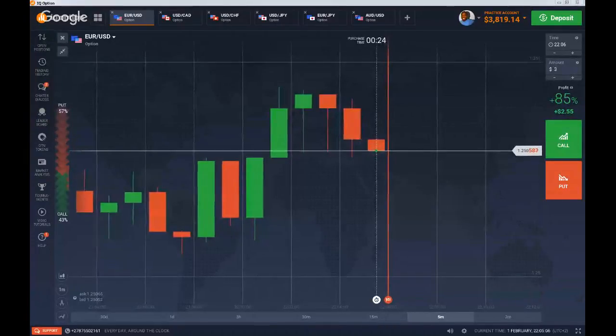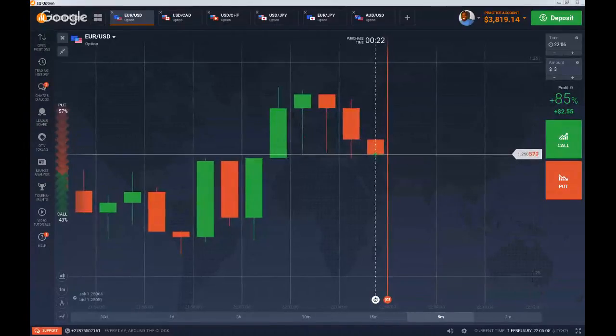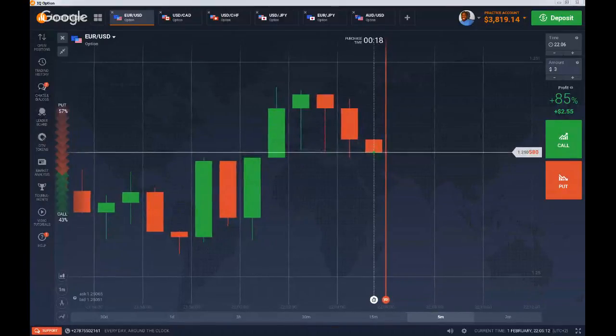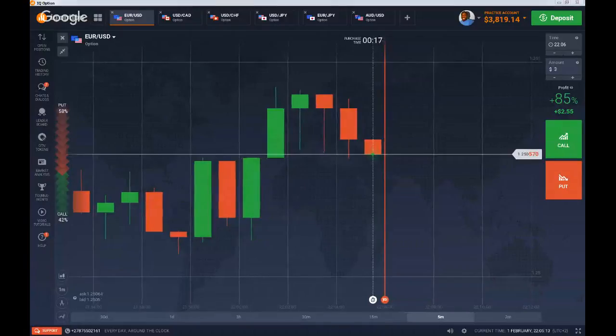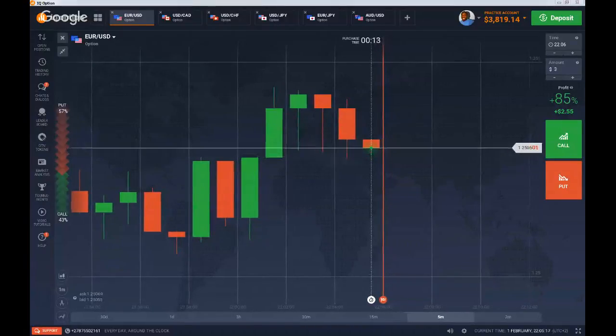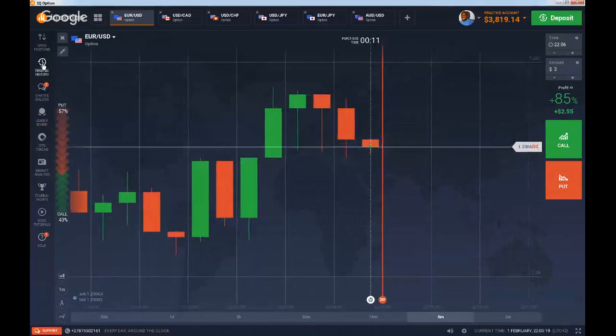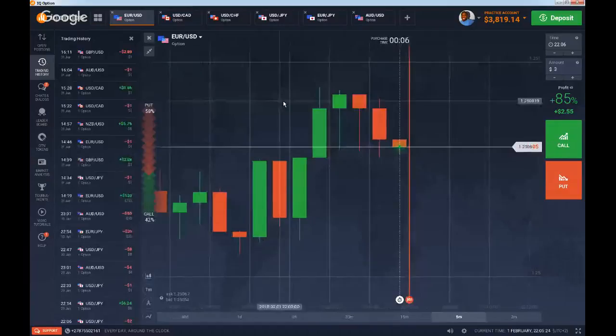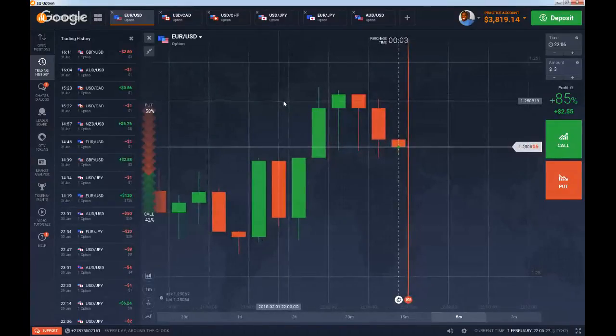All right, so looking at the IQ Option account, the balance right now stands at $3,819. There are some losing trades, so I'm kind of in a losing streak. There are two trades that have been out of the money and were losers.